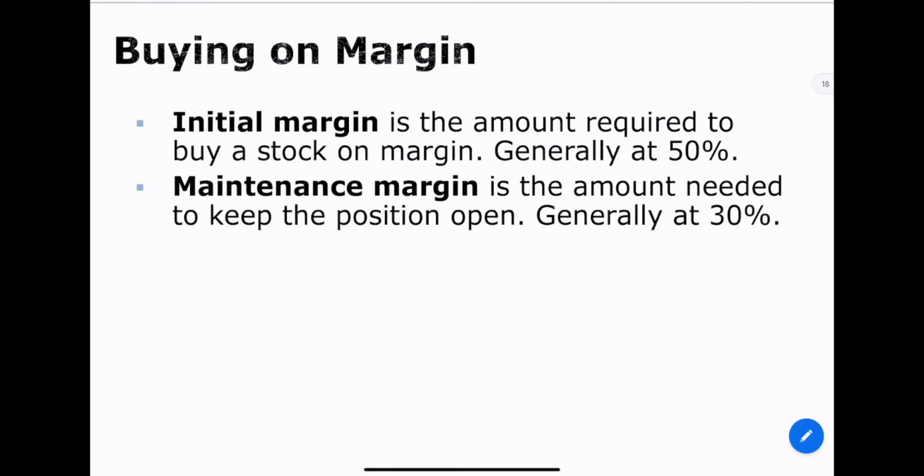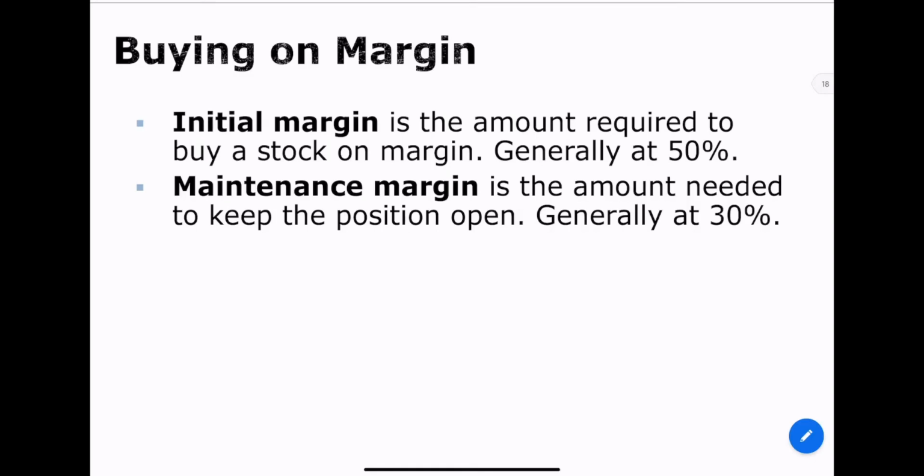30% is not universal. Basically, this maintenance margin can change between different types of brokers. For example, if you're at a low cost broker, potentially this broker could set a 40% maintenance margin.